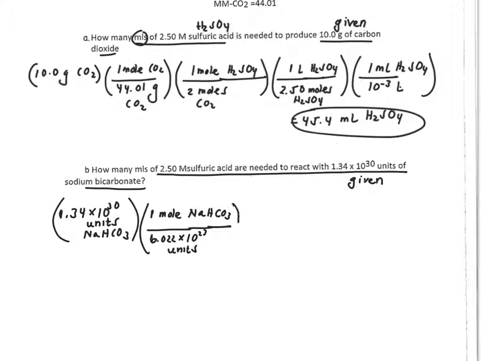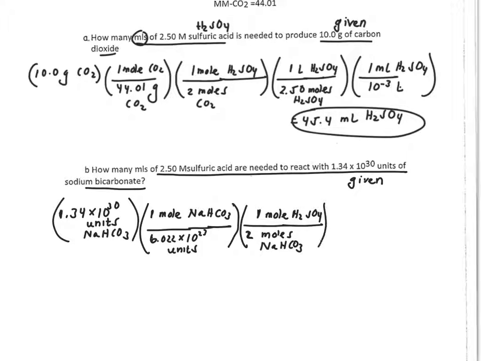And the mole to mole ratio from sodium bicarbonate to sulfuric acid, if you look at your balanced chemical reaction, is 2 moles for every 1 mole of sulfuric acid.